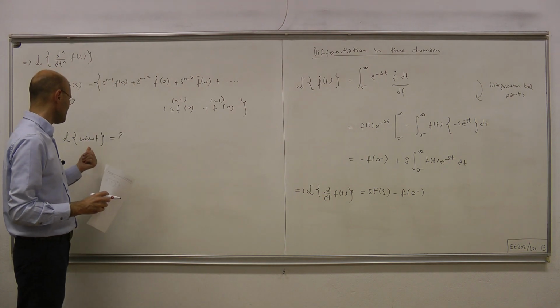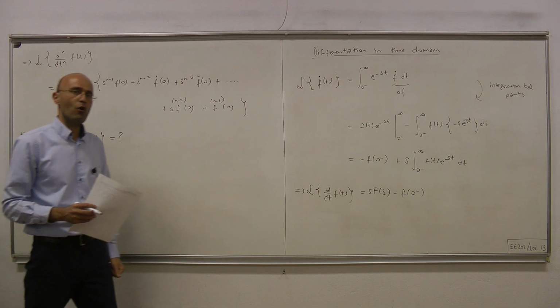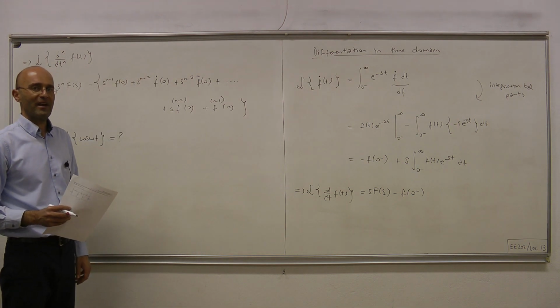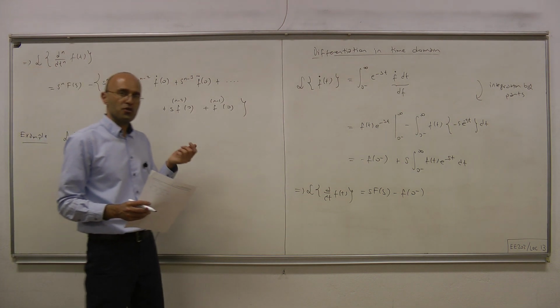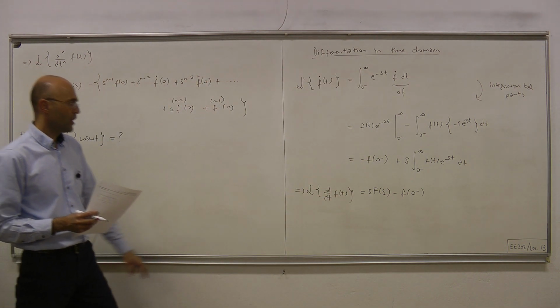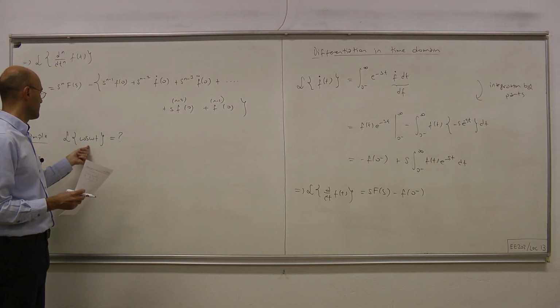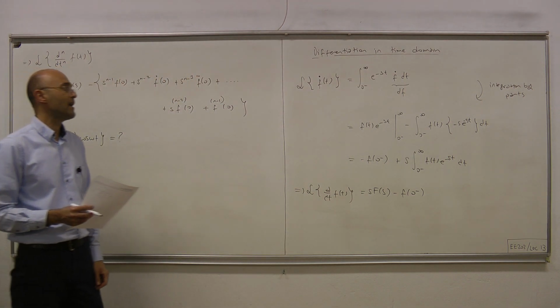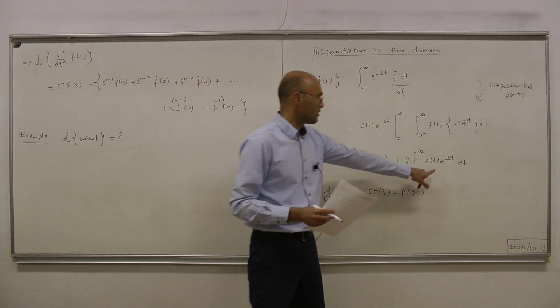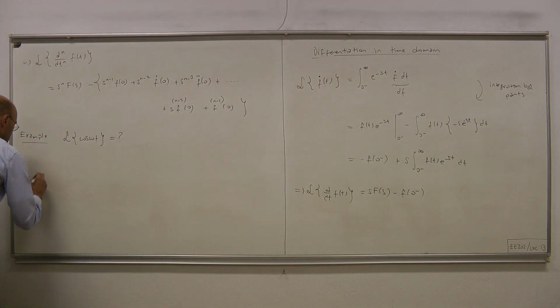Remember that recently we obtained the Laplace transform of sine omega t, which was omega over s squared plus omega squared. Now sine and cosine have this derivative relation between them. Therefore, using the differentiation property, we should be able to obtain this Laplace transform without applying the definition of Laplace transform.